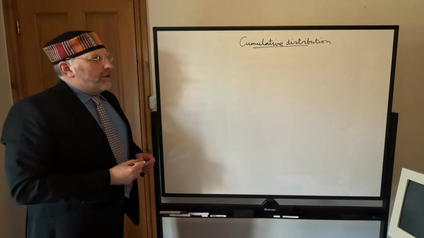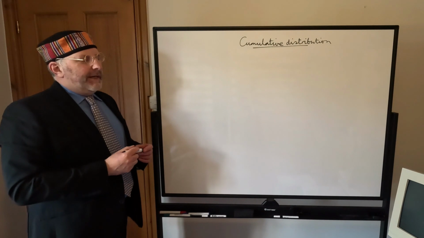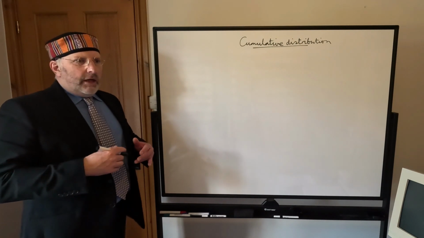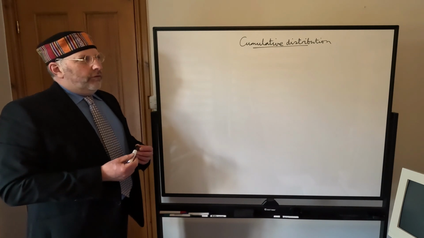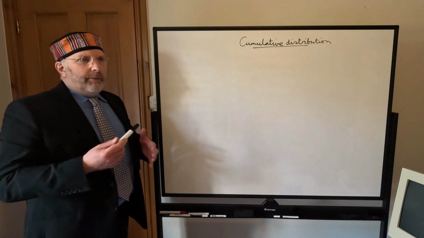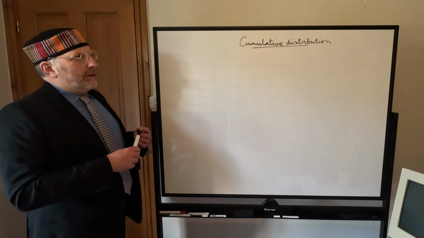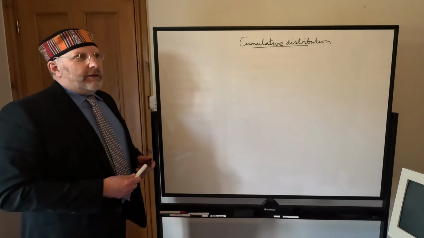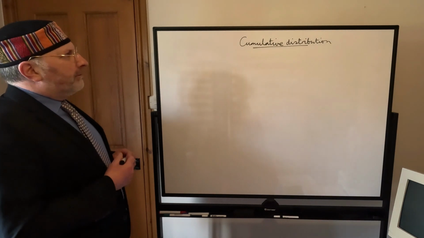Okay, so we're now going to look at something called the cumulative distribution, or the cumulative probability, which is a useful way of looking at power law data. And we're going to be using ideas that we'll cover in more detail when we get on to the statistics part of this course. But we need these ideas now, so I'm having to introduce them up front.